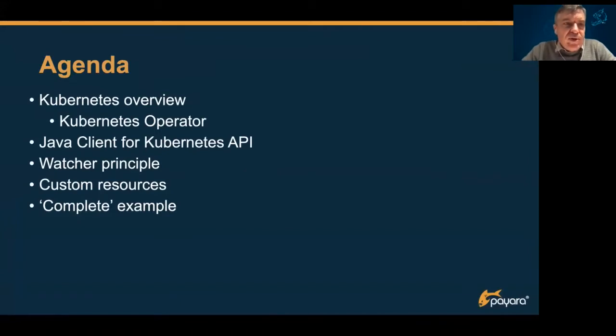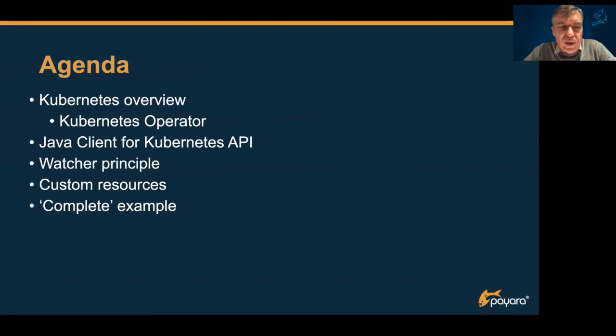Quick look at what we are going to cover today. In the beginning, a few slides about a few definitions and concepts about Kubernetes itself. What is a Kubernetes operator? We have a quick look at that Java client that you have for the Kubernetes API.